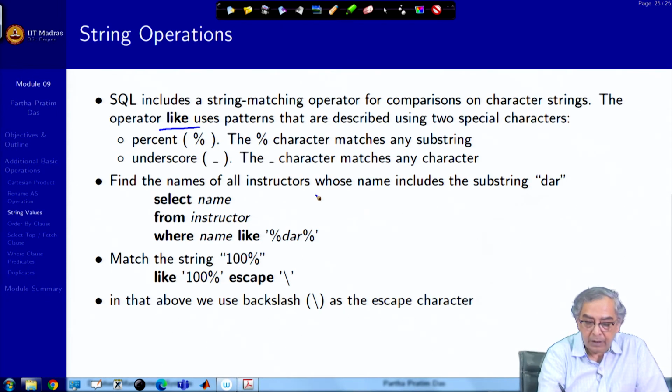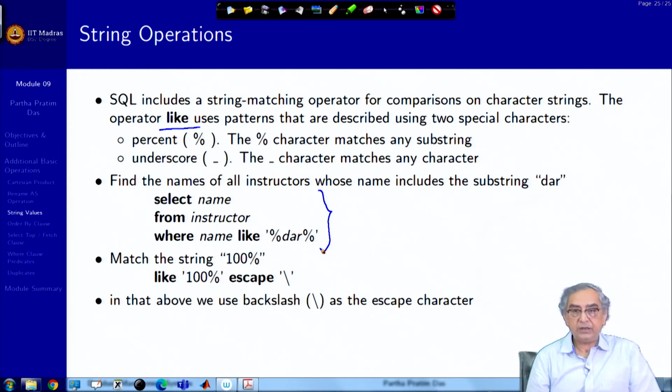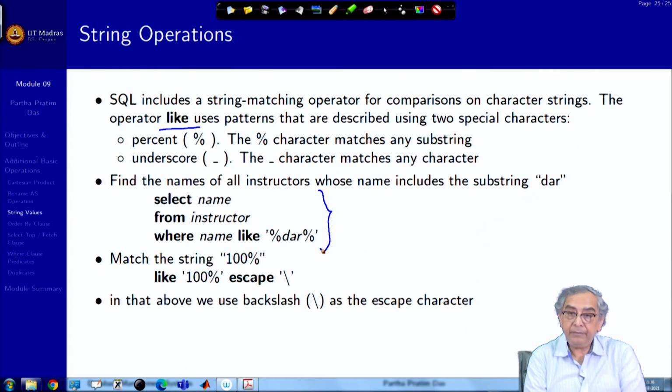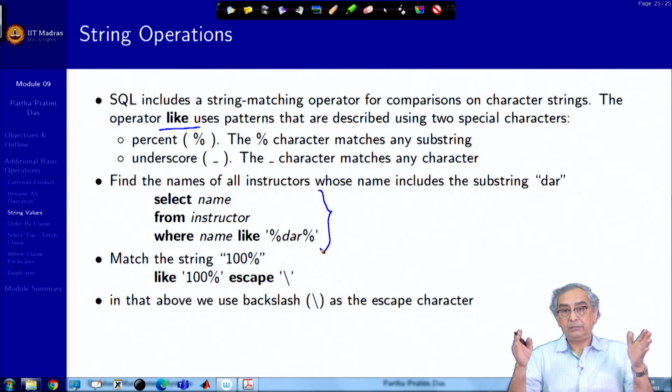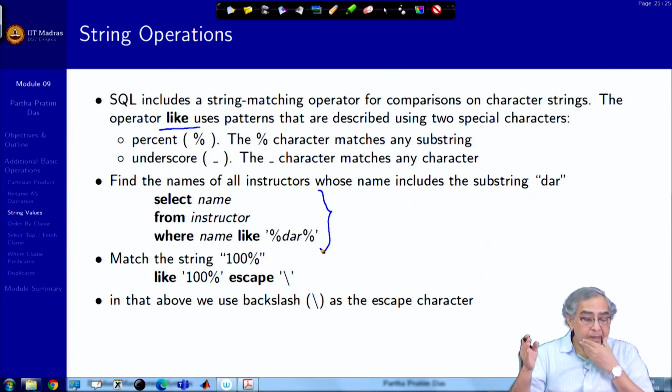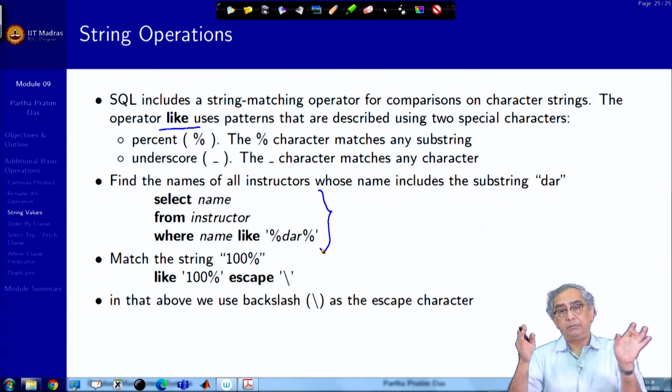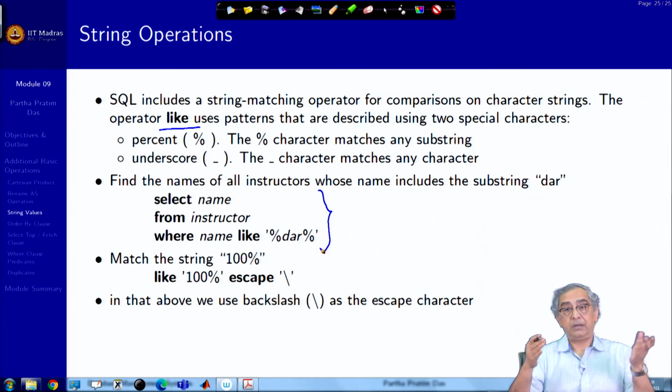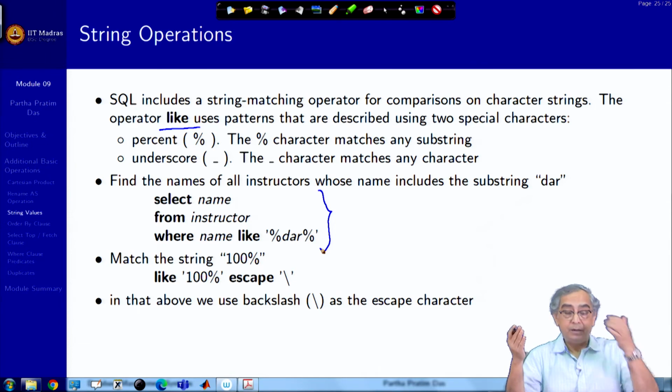I will tell you afterwards what these are, just look at this example. You are saying select name, find the instructors whose name is like Dar, Majumdar, will get selected. Now, you want to say that Dar could occur at the beginning, as in Darwin, or at the end, as in Majumdar.